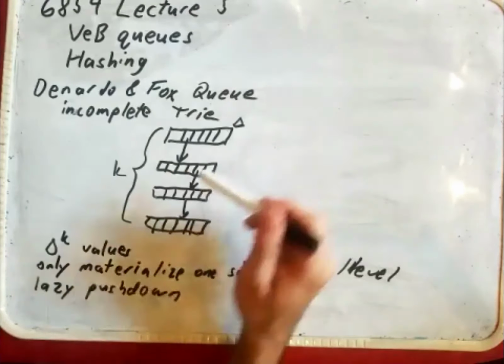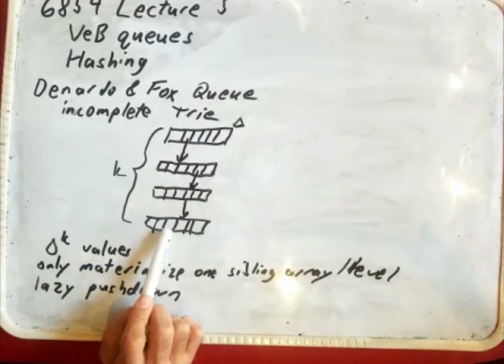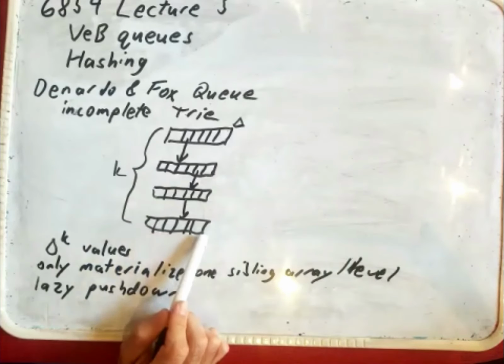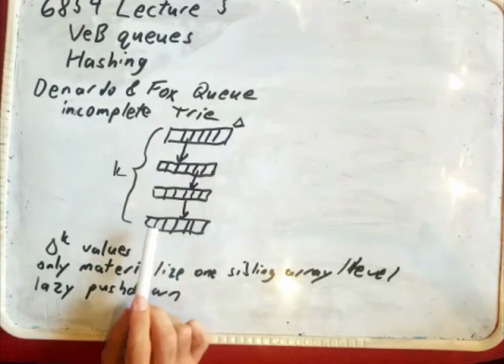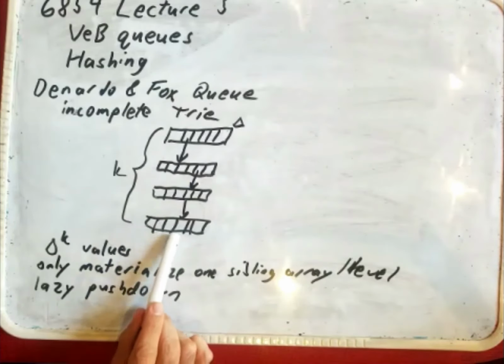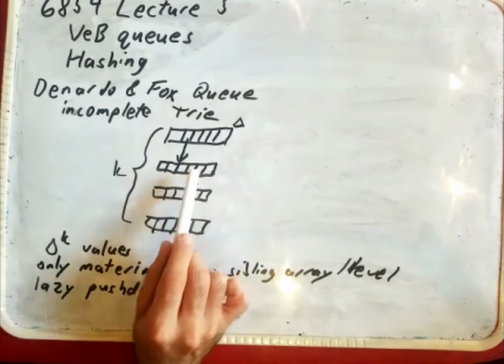And we used this lazy procedure of when you want to delete the minimum and find the next min, you scan along the bottom block, you check if there's anything left in the bottom block. If there is, you scan in order to find it. Otherwise, you go up the levels looking for a non-empty block.